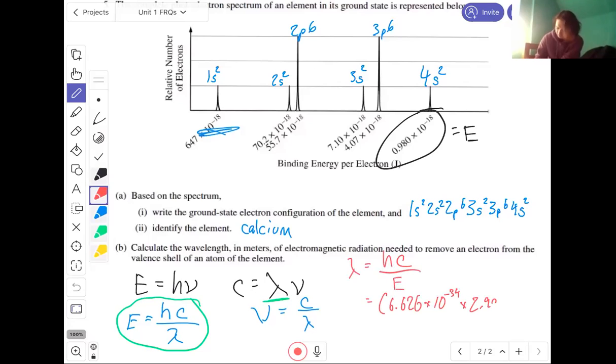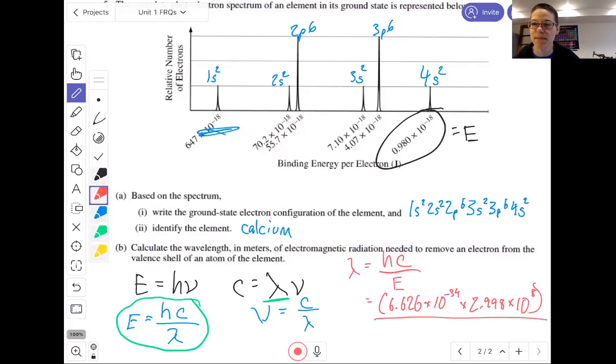That number is seriously small. So this is more an exercise in making sure you can enter things in the calculator, because everything has scientific notation. And what did we say our E was?